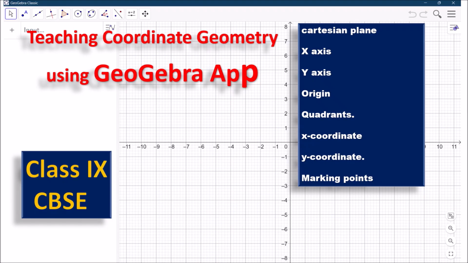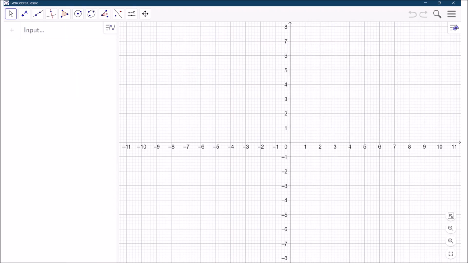We can give the idea about Cartesian plane, x-axis, y-axis, origin, quadrants, x-coordinates, y-coordinates, and marking points and distance between points. So when you open GeoGebra, you will get a preface like this. One graph page will automatically open in the graphic mode.